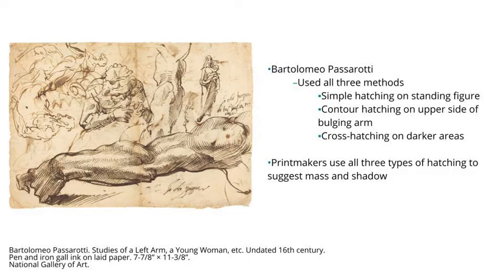There's contour hatching on the upper side of the bulging arm, so you can see the hatching is curved to match the shapes of the muscles itself. And then on the darker areas, you can see there's cross-hatching in order to provide that darker perceived value. Now, printmakers especially use all three types of hatching to suggest mass and shadow, but this is just an example of it in drawing and sketching.